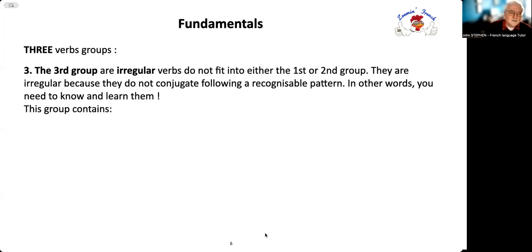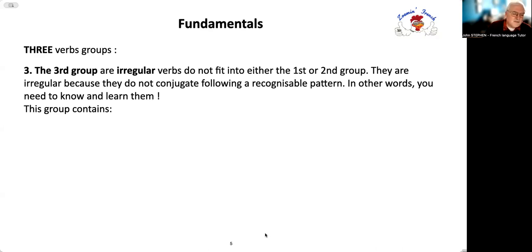And the third group, well, the third group just means the verbs that are irregular and they don't really fit into either of the first two groups, which is, I suppose, a bit of a catch-all, really. It means that they don't conjugate in the same regular pattern.